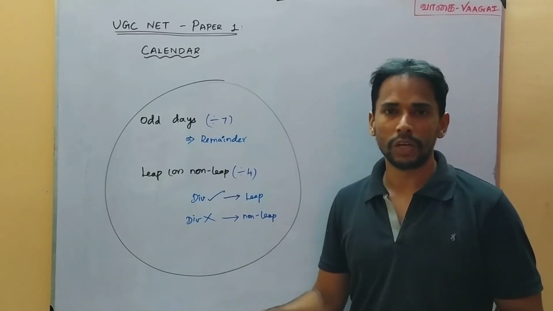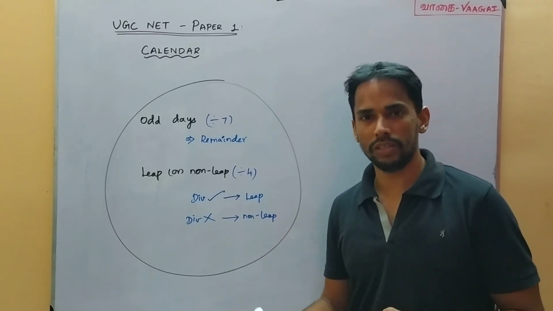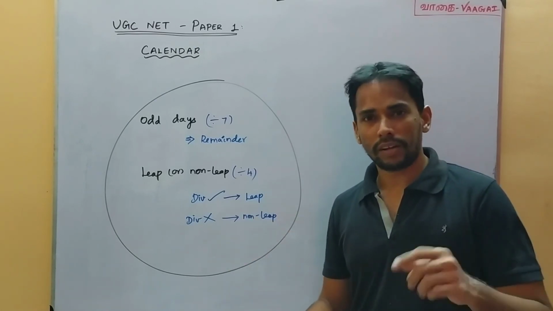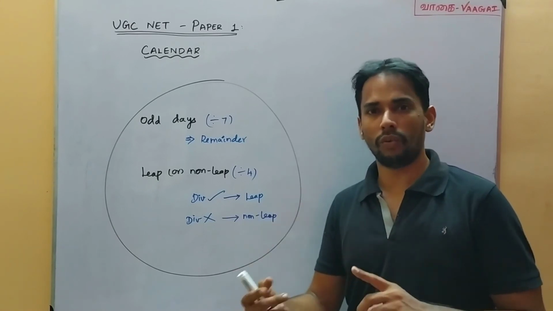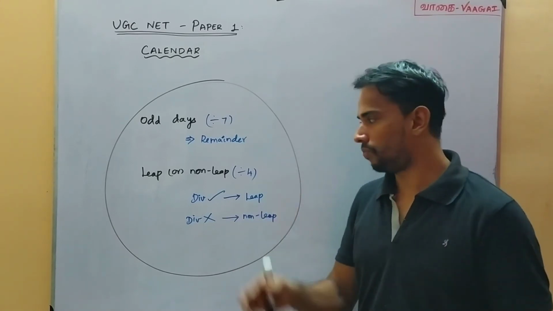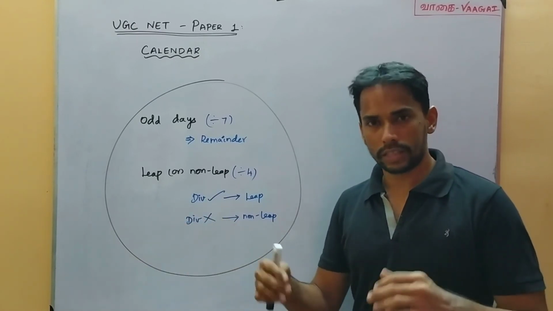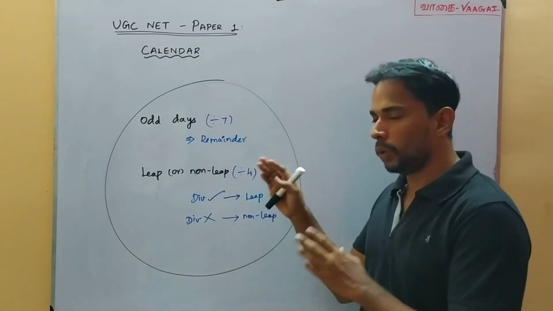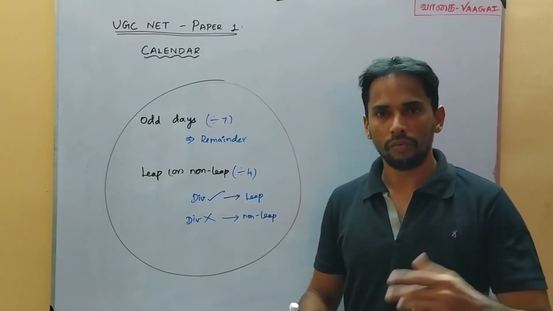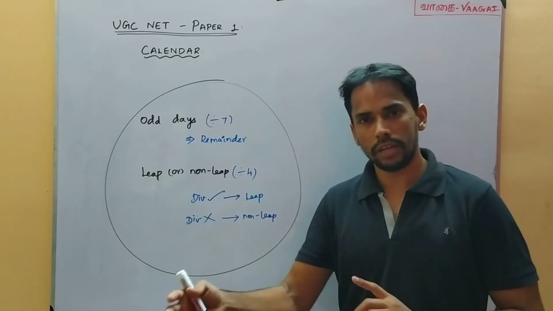If possible, we'll try to have a separate session explaining the whole concept of leap years and how they are formed. But from an exam point of view, knowing up to this extent is more than enough to crack the questions in the exam. Fine?